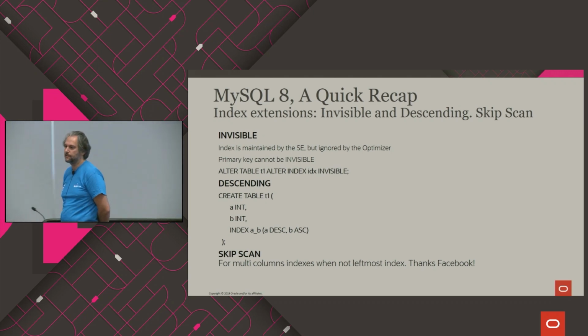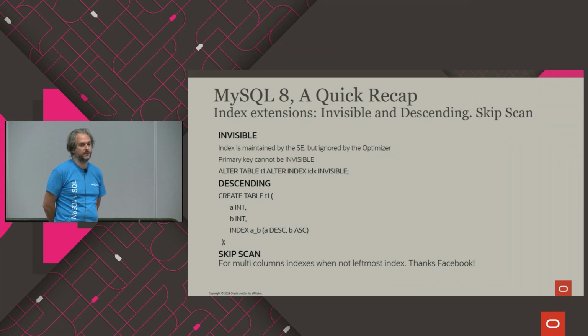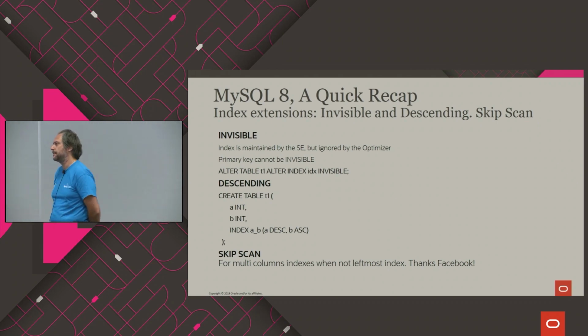Removing and adding an index has an overhead, so you can first make it invisible and see how it goes. You can add it back later, and if you're happy with invisibility, you can drop it. Having indexes that are of no use, that are redundant, is always expensive, so you remove an extra cost you don't need. We added the capability to create descending indexes.